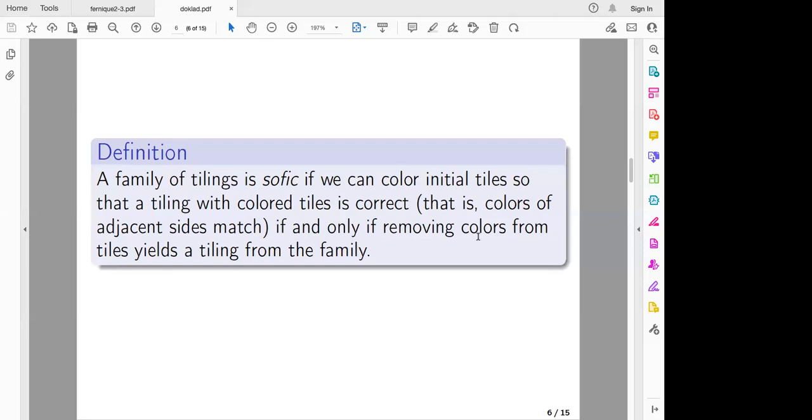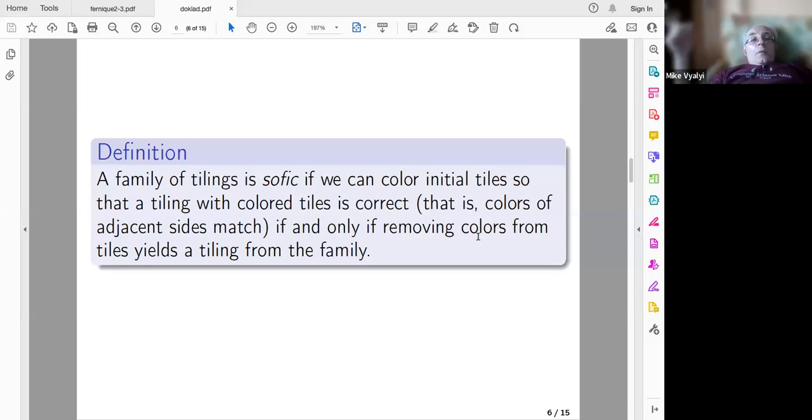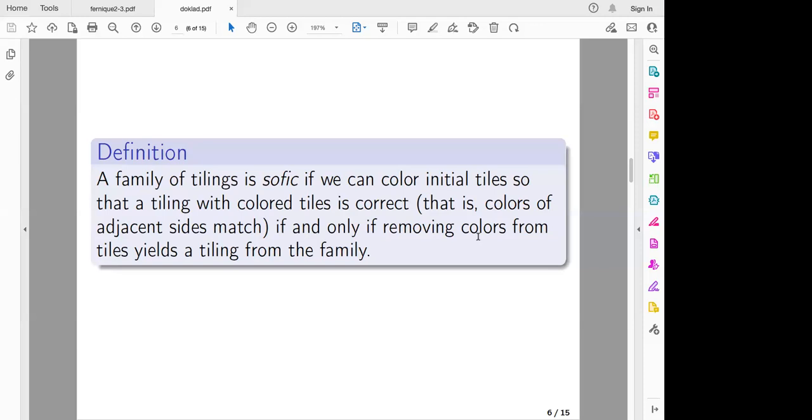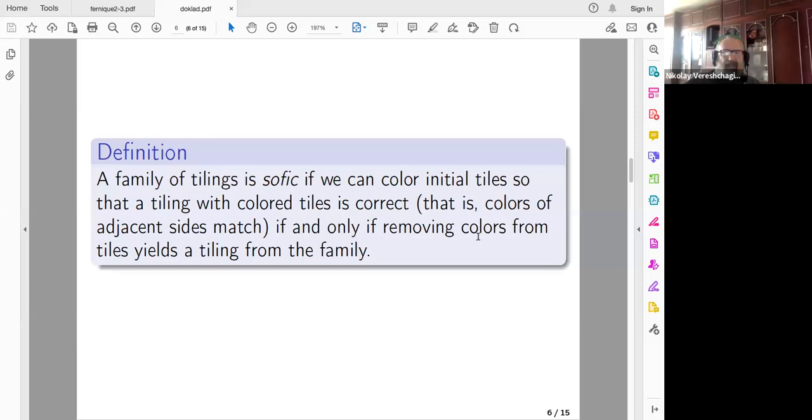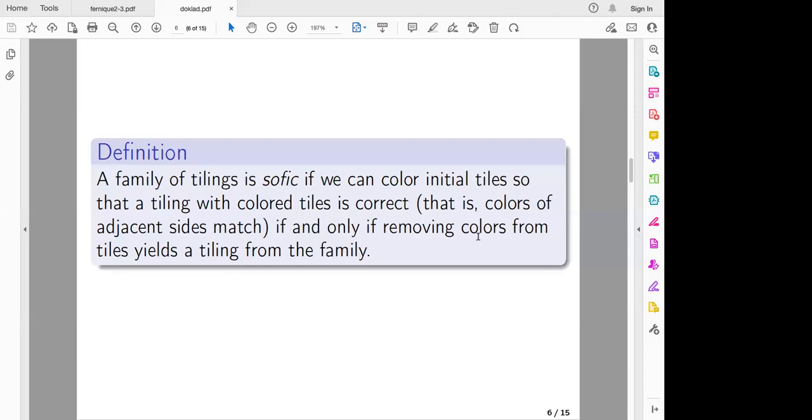Good. And should each tiling from the family be produced by the same coloring, or for different tilings may we use different colorings? Tilings from the family have different colorings in general. It doesn't require to be unique.